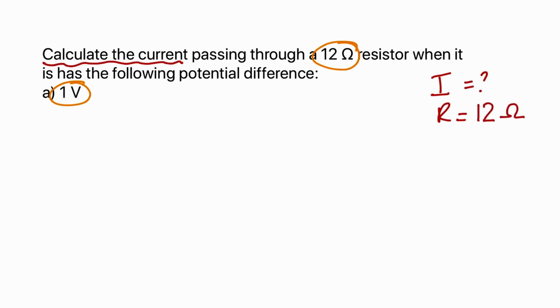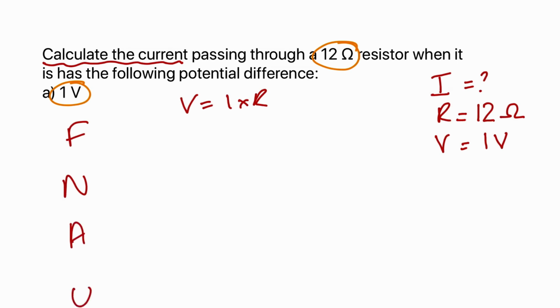And it tells me that the potential difference is 1 volt. So again, we've got our same equation, V equals I times R. We're using our FANAU system: formula, numbers, answer, unit. So our formula is potential difference equals current times resistance. We're going to put our numbers in.